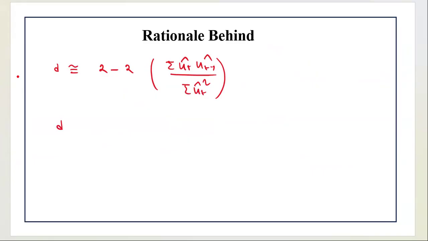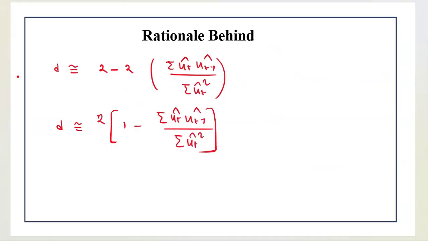So D will be approximately, taking this 2 out, 1 minus summation ut cap ut minus 1 cap upon summation ut cap square. I hope this much is absolutely fine.